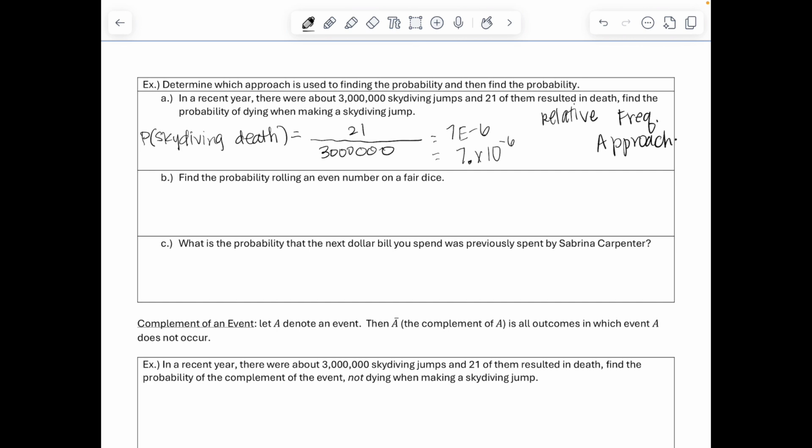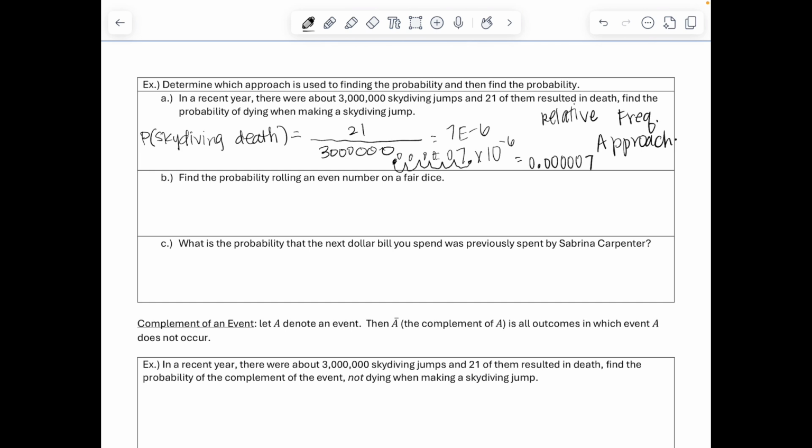We have a decimal point that's right after 7, and that negative 6 means we need to move our decimal point 6 times to the left. So going ahead and doing this, we have 1, 2, 3, 4, 5, 6. And in each of those spaces, we would have a 0. So 5 zeros, and then a 7.